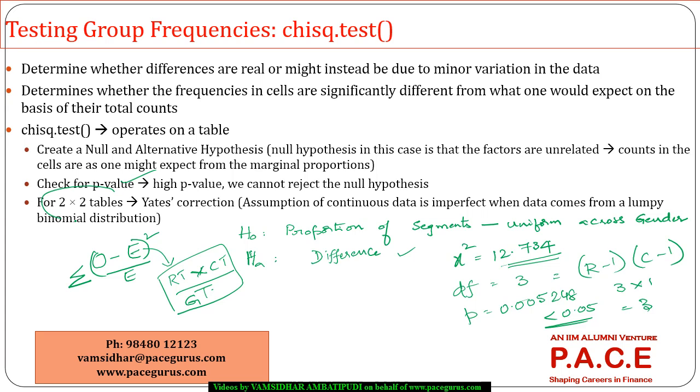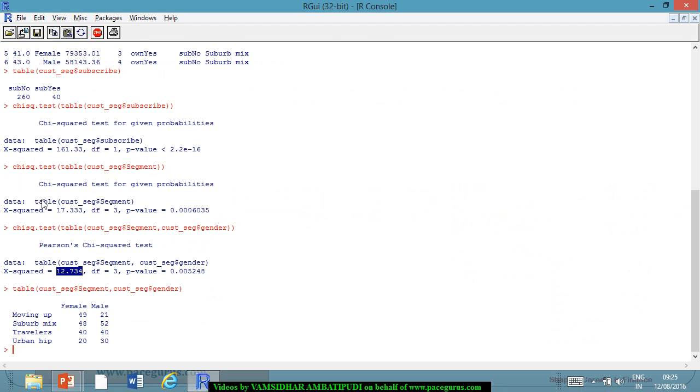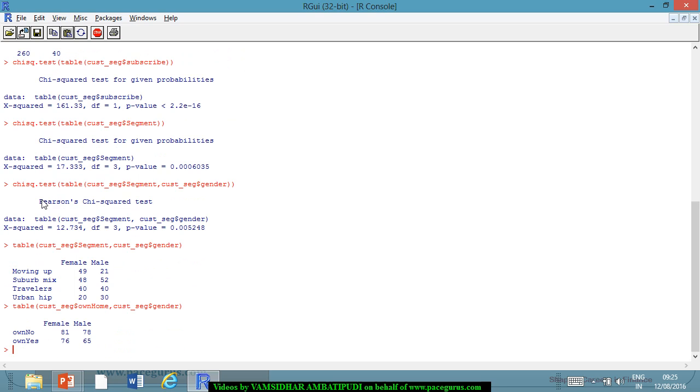And if I am going for a 2 by 2 table, let me take gender, which is a 2 by 2 anyhow, and take own home as another variable. This is a 2 by 2 table. Now I execute a chi-square test on top of the 2 by 2 table.